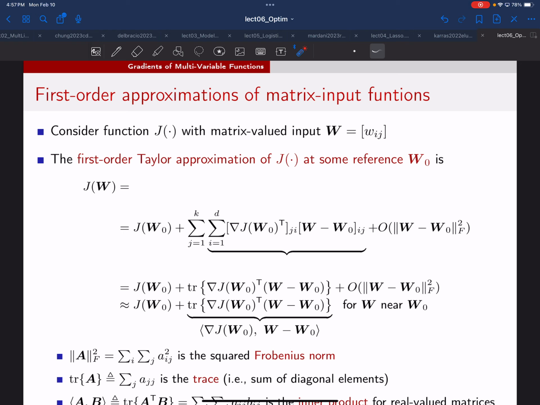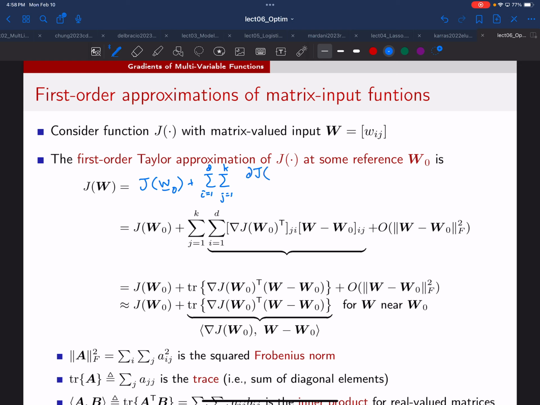And we'd like to do the same thing as we did before, a Taylor series approximation. So we're going to take J at the reference matrix, W naught, but now we're going to have 2 different sums, some across the rows and some across the columns.